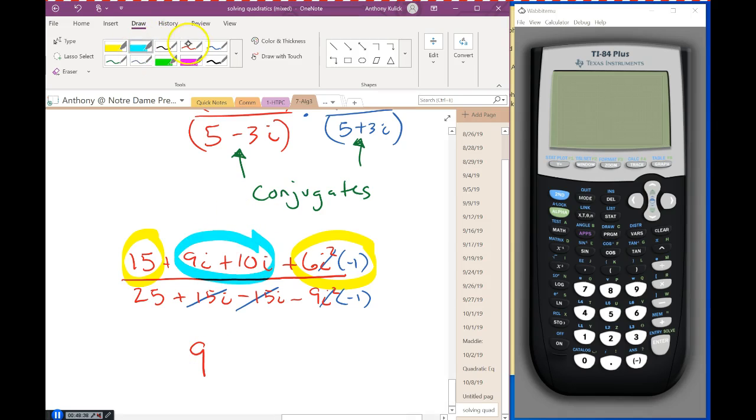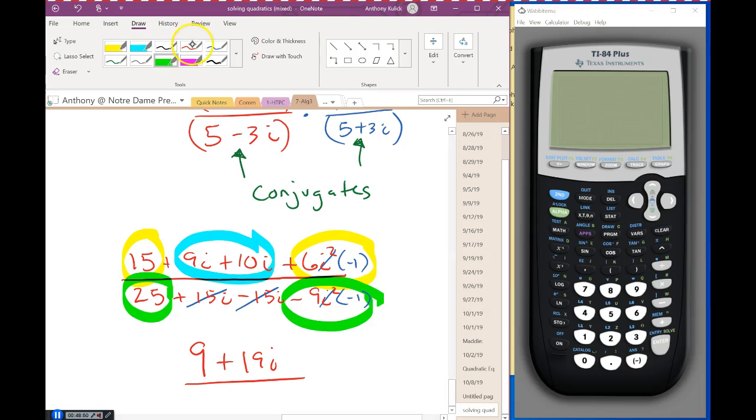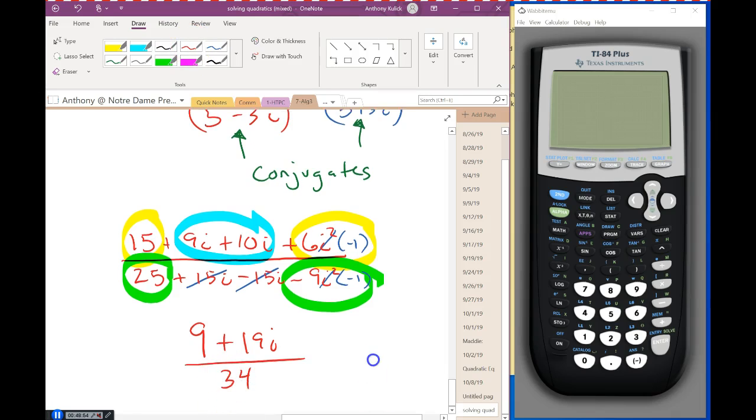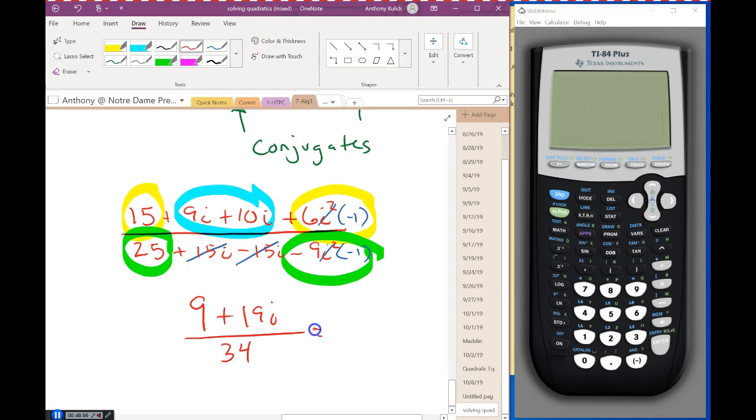I have 9i plus 10i, which gives me 19i. And then I have 25 minus a negative 9, which is the same thing as 34. And then to make this a complex number, I'll just write it as 9 over 34 plus 19 over 34i.